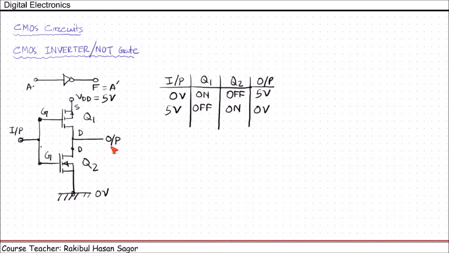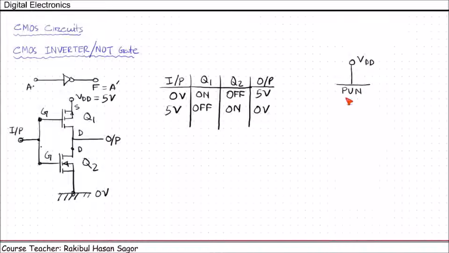One thing you need to remember while constructing any sort of gate, we generally use a basic construction. Suppose we have a VDD, then this VDD will be connected with the PUN, that means pull up network, and this pull up network is generally made of PMOS.